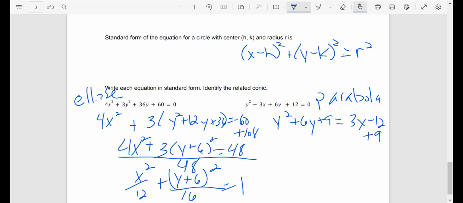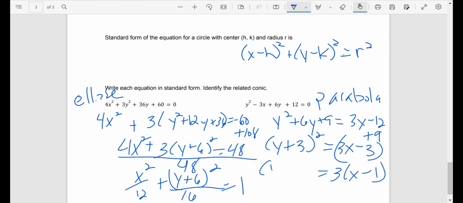Now if I add 9 on one side, I need to add it to the other side. So it will be (y plus 3) squared equals 3x minus 3. Factor out a 3. And here's your equation for your parabola.